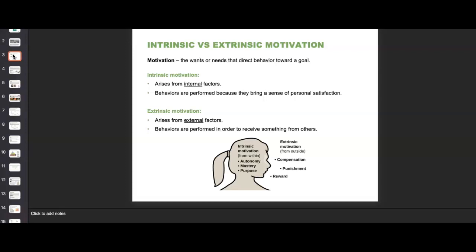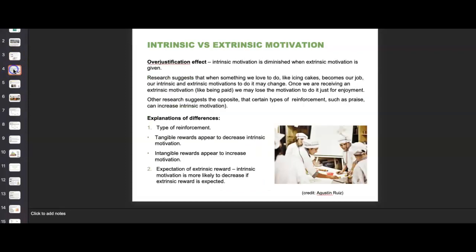And you have extrinsic motivation, which arises from external factors. Behaviors are performed in order to receive something from others. So, extrinsic motivators are from the outside, things like compensation, punishment, reward. Intrinsic motivation, however, from within, is autonomy, a sense of purpose, a sense of mastery. So there are two types of motivation, intrinsic and extrinsic.